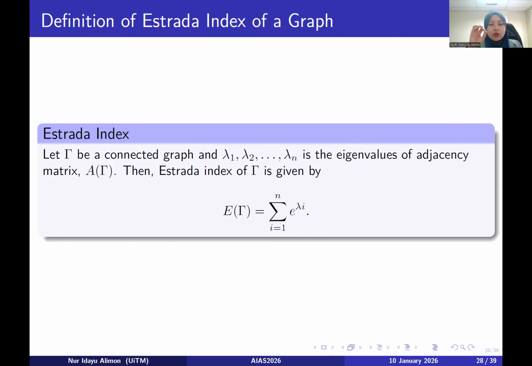In order to determine the eigenvalues, you need to have the adjacency matrix first from the graph. So adjacency matrix, and then come up with the characteristic equations, and then you can get the eigenvalues. Okay, and then plug into this formula.